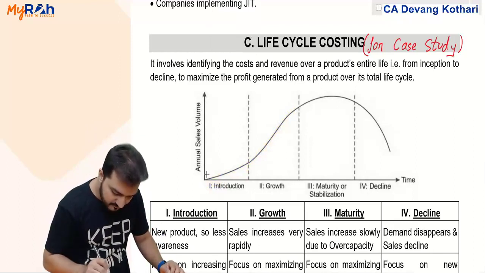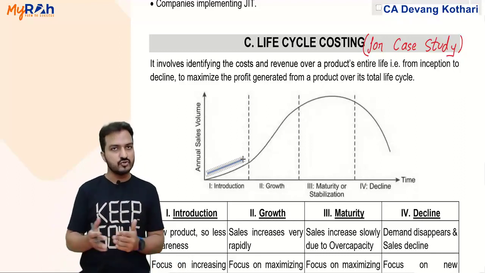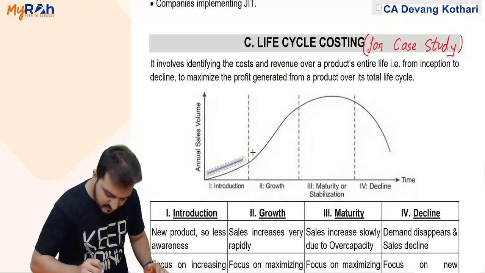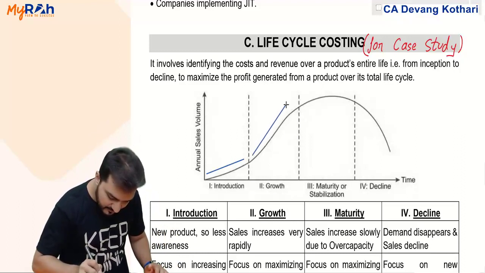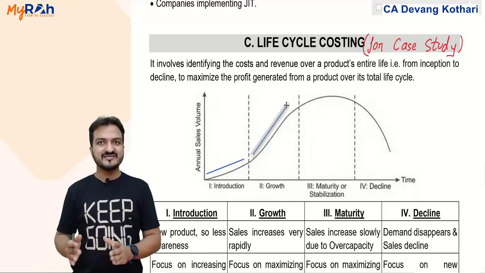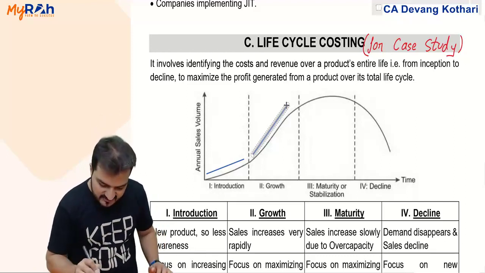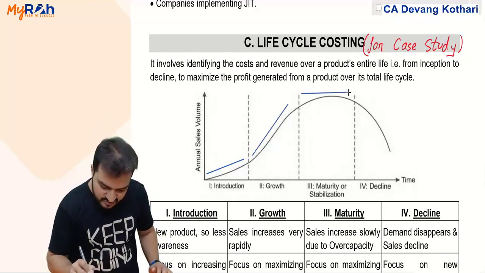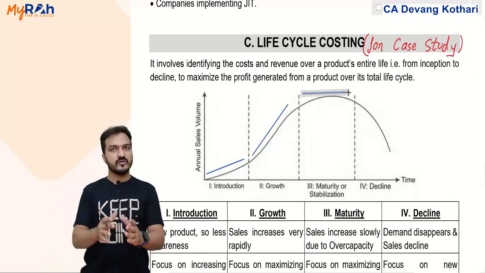If I give you a simpler diagram, during the introduction stage, your sales is increasing slowly. During the growth stage, your sales increases rapidly. Then comes the maturity stage. During the maturity stage, your sales becomes almost consistent or increases very slowly.